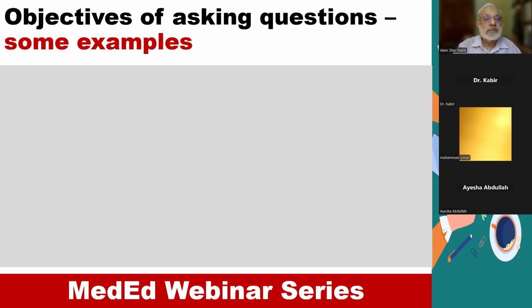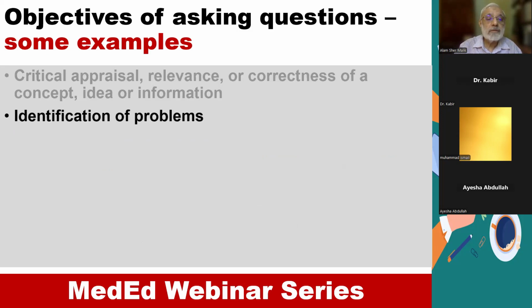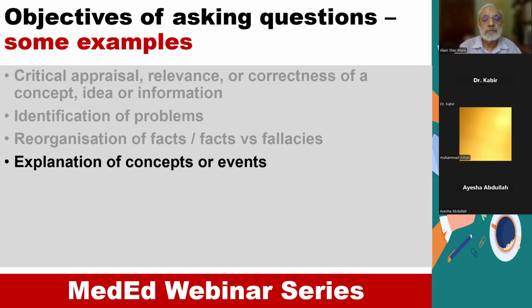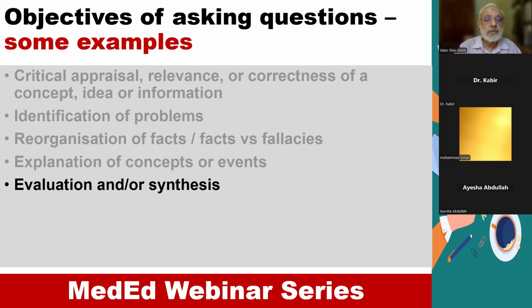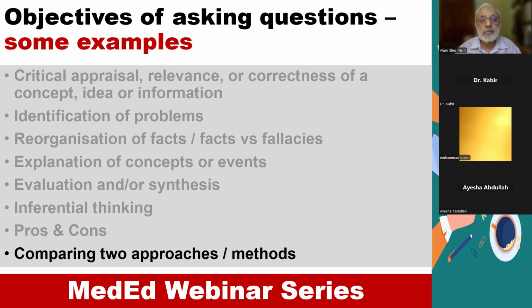Objectives of asking questions, here are some examples. We may be asking for critical appraisal, relevance of information, correctness of a concept, idea or an information, identification of problems, reorganization of facts or facts versus fallacies, explanation of concepts or events, evaluation and or synthesis, inferential thinking, pros and cons, and comparing two approaches or methods.